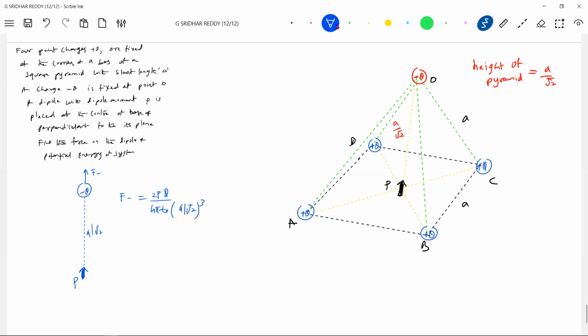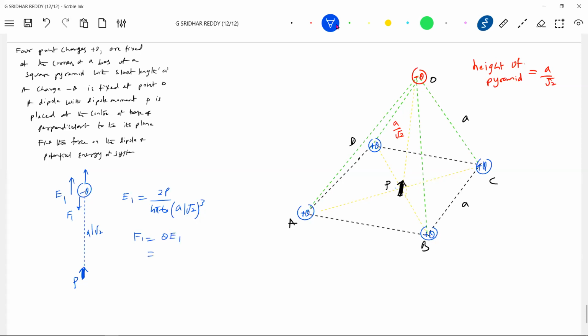And how is the field? The field due to the dipole will be in this direction. Let me write E1. There's only E1. Then how will it experience force? F1 will be in this direction. So what is F1 equal to?